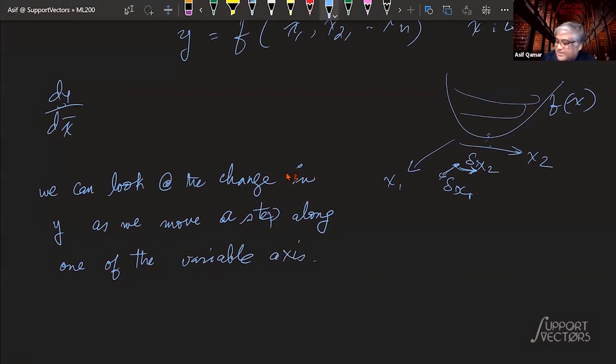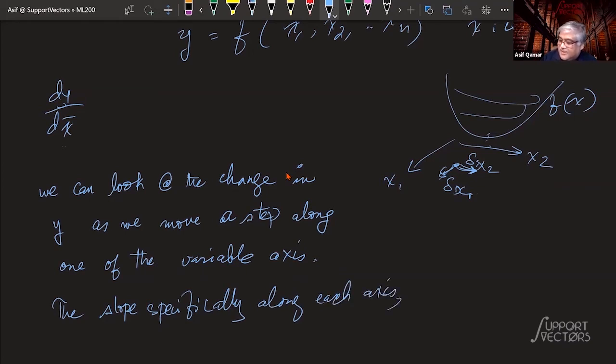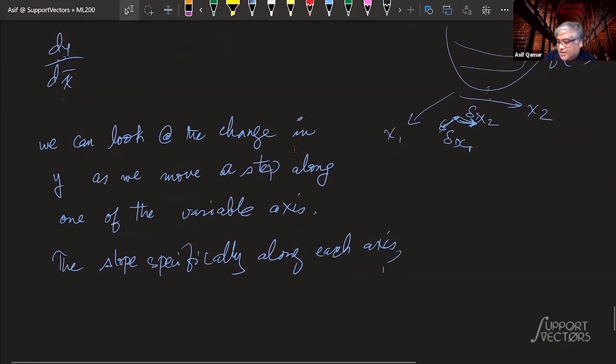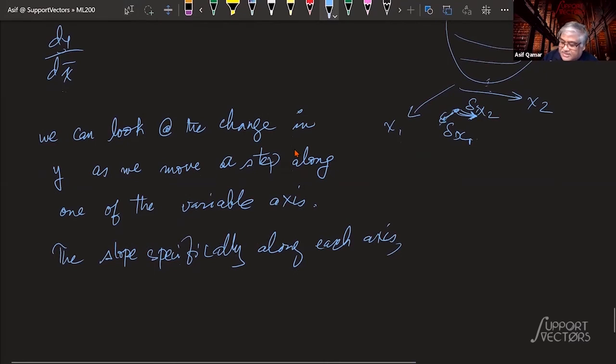All you can do is take a small step in this direction or this direction. Each one of them will produce its derivatives: the partial, the slope specifically along each axis, keeping the other axes not changing.